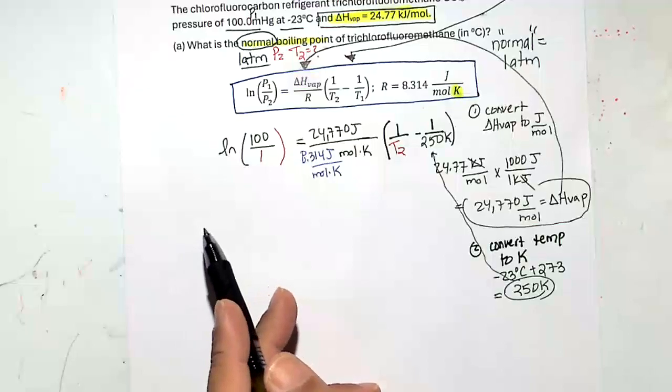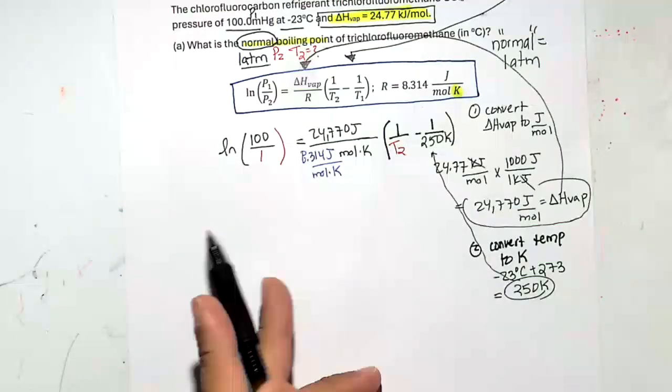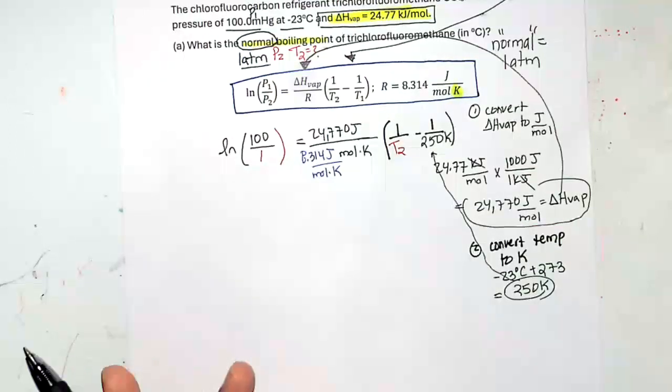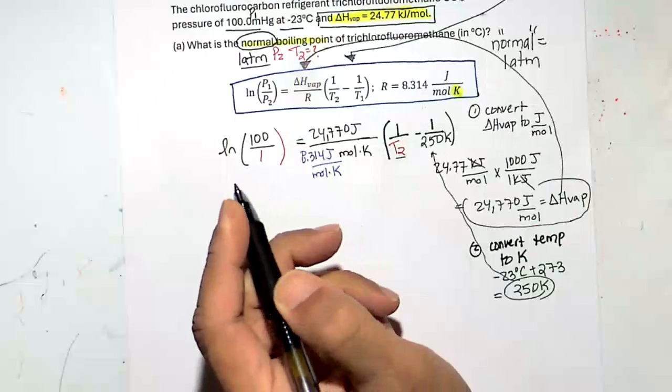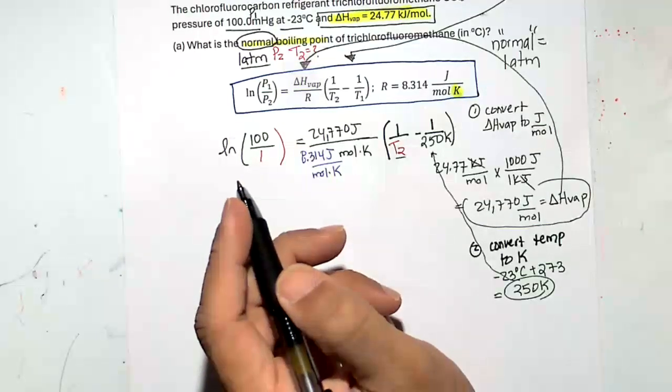How would we attack this problem? So this now becomes an algebra situation. This is where some students get it wrong. We're going to solve for T2. How will we do that?